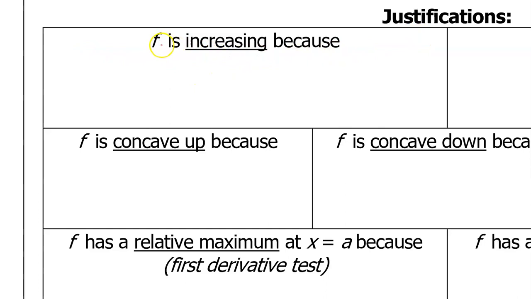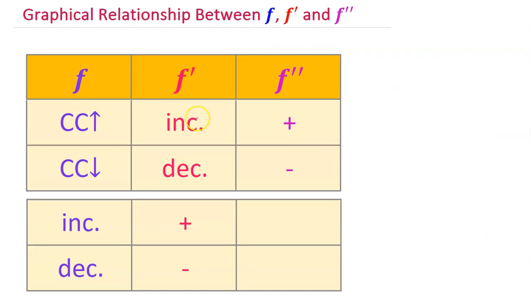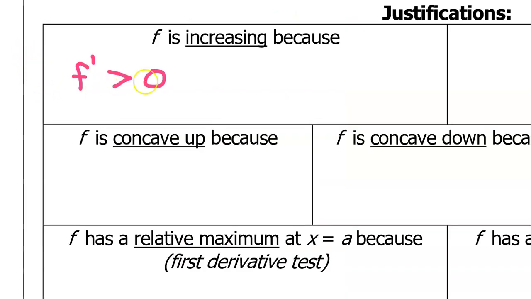If you wanted to justify why function f is increasing, we know that function f will be increasing when f prime is positive. So here's the easiest way to justify. F is increasing because f prime is greater than 0.